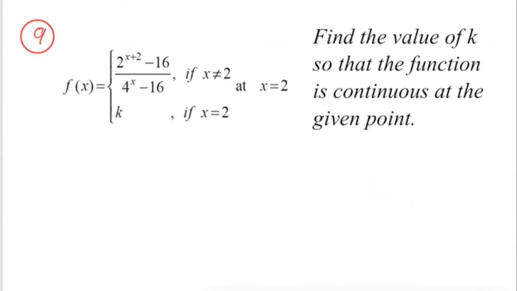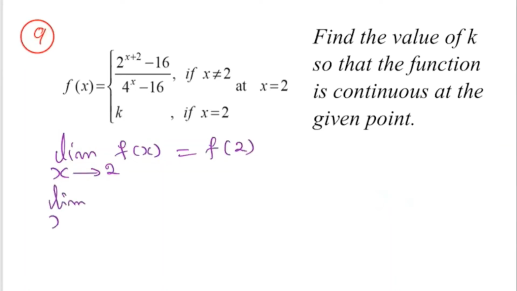In 9th question, we need to find the value of k so that the function is continuous at the given point. The given point is at x equal to 2. So if the function is continuous at x equal to 2, the limit of f of x at x equal to 2 will be same as f of 2.